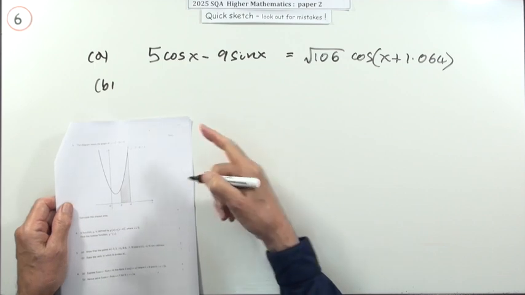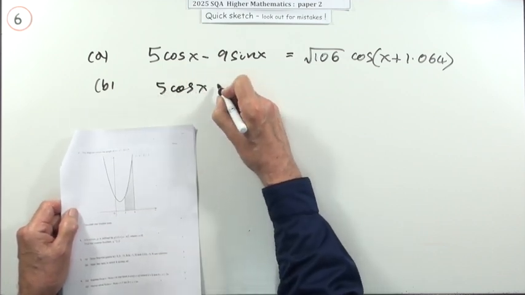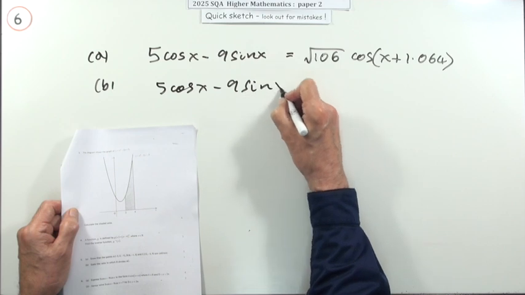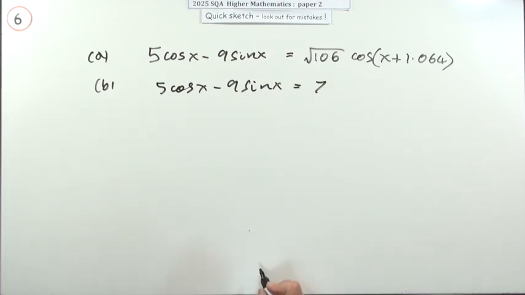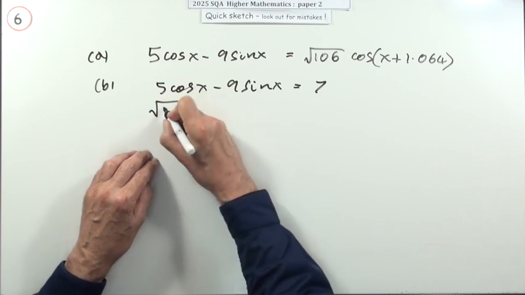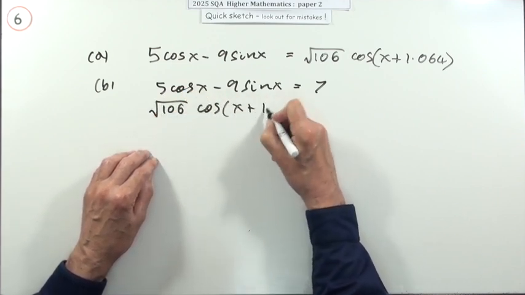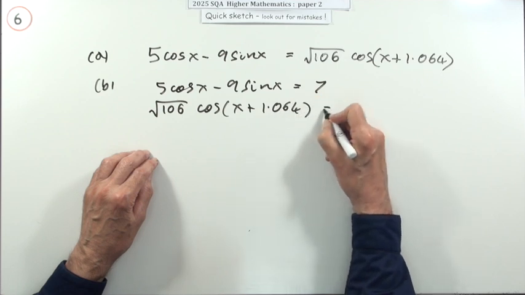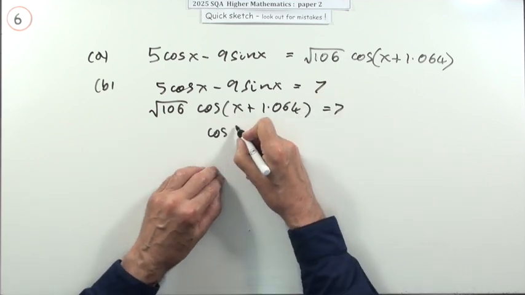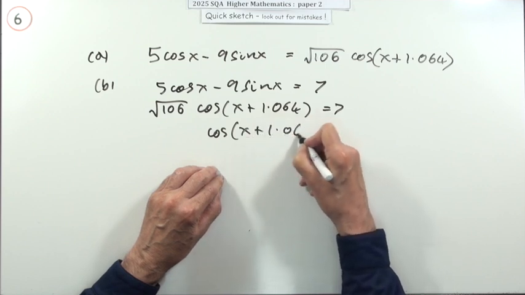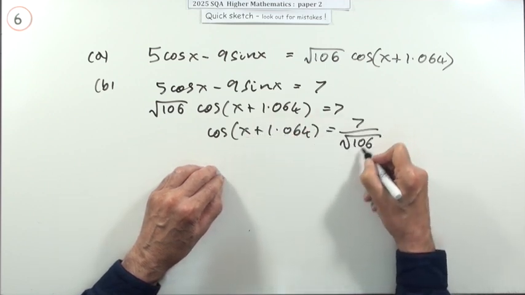In part B it says, hence solve, and it just keeps it the way it is. 5 cos x minus 9 sin x equals 7. Well, that means that root 106 cos of x plus 1.064 is equal to 7. So that means that cos of x plus 1.064 is equal to 7 over the square root of 106.